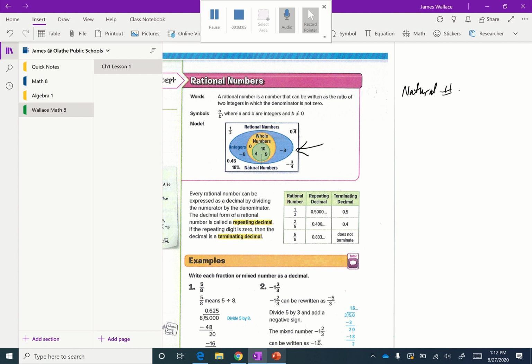A natural number is one of your counting numbers, so you start at 1. So 1 is the first natural number: 1, 2, 3, 4, 5, etc. 0 is not a natural number because you don't start counting at 0. Next, whole numbers.